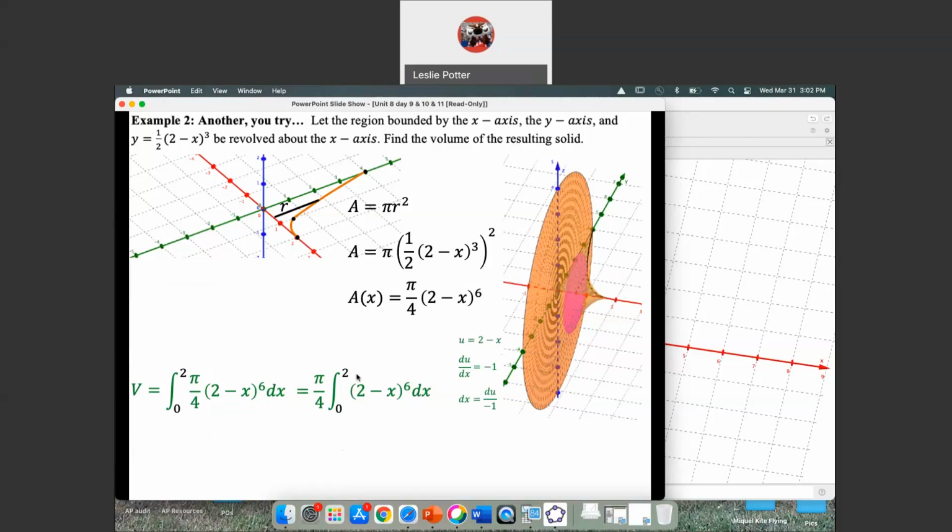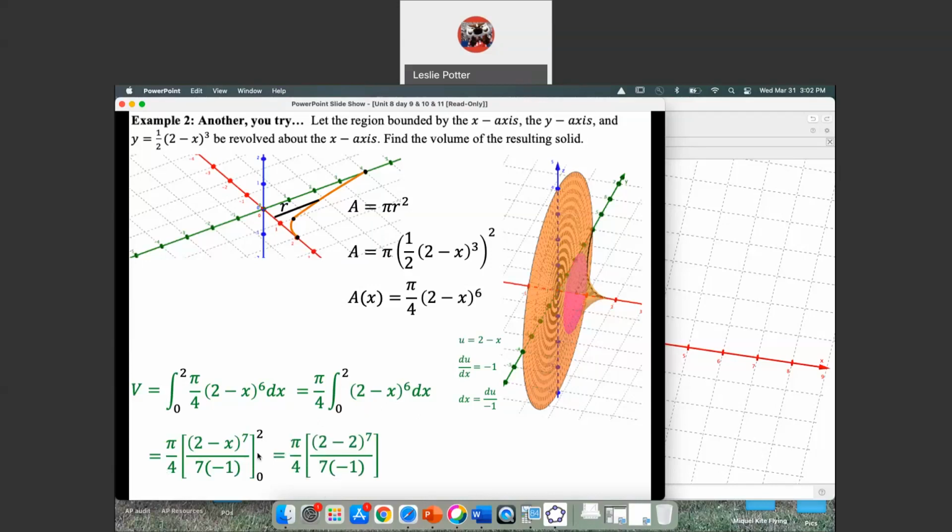Picturing the U sub here, I'm not going to go through all the steps, but this would be u to the 6th power times du over -1. So the -1 would come out front, and u to the 6th would be u to the 7th over 7. So the integration would be u to the 7th over 7 times -1. And then, of course, we have a pi over 4 in front as well. And we're going to integrate from 0 to 2.